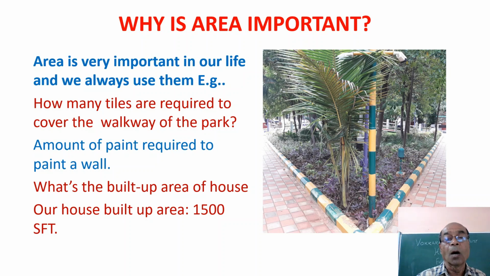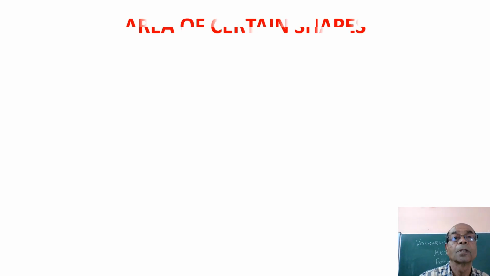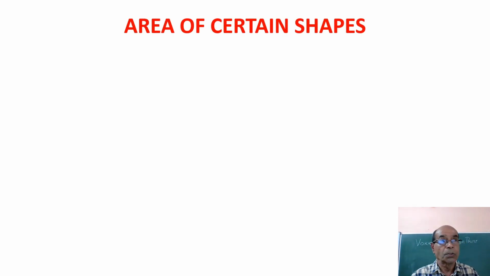Okay, how do you find it? Let us assume you take the wall, measure the wall both length as well as breadth, and multiply, you get the area. Once you get the area, you can find out how much paint is required depending on its coverage area.